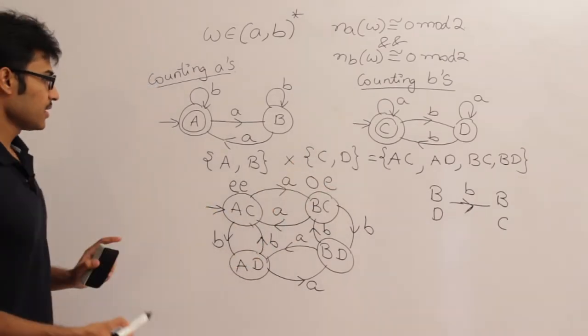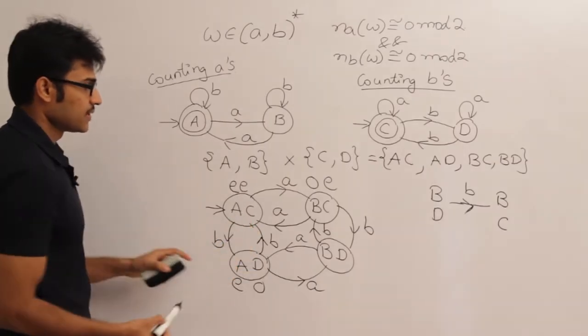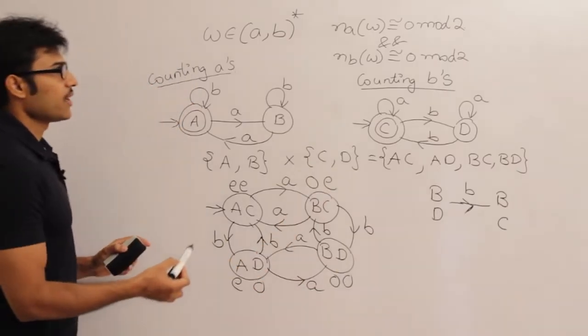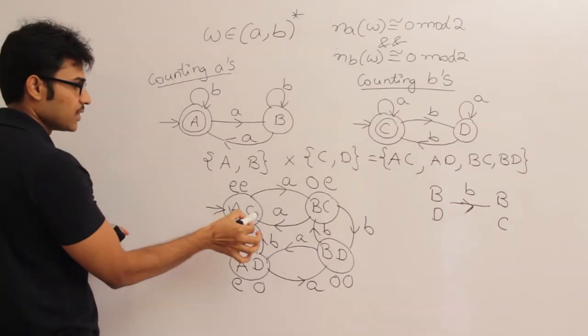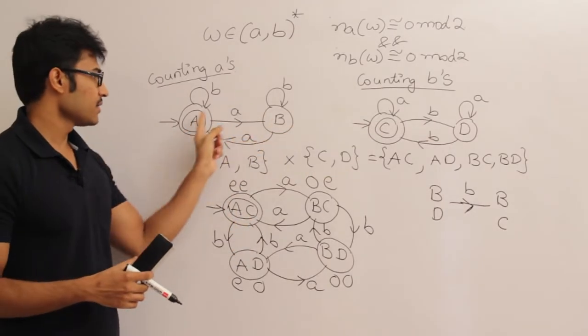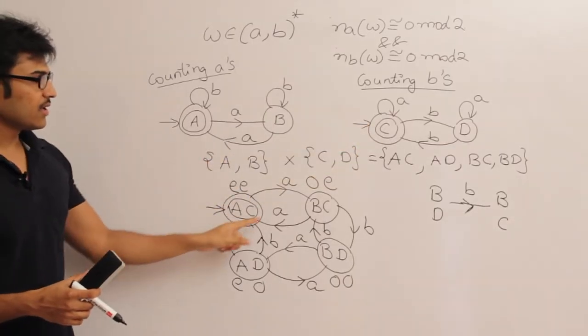And AD is nothing but even number of A's and odd number of B's. And this one is nothing but odd number of A's and odd number of B's. So according to the problem, both the A's and B's have to be even, therefore AC has to be the final state. Or even if A and C, in the original diagram A and C are the final states, so whatever is the combination, I am going to take it as the final state.